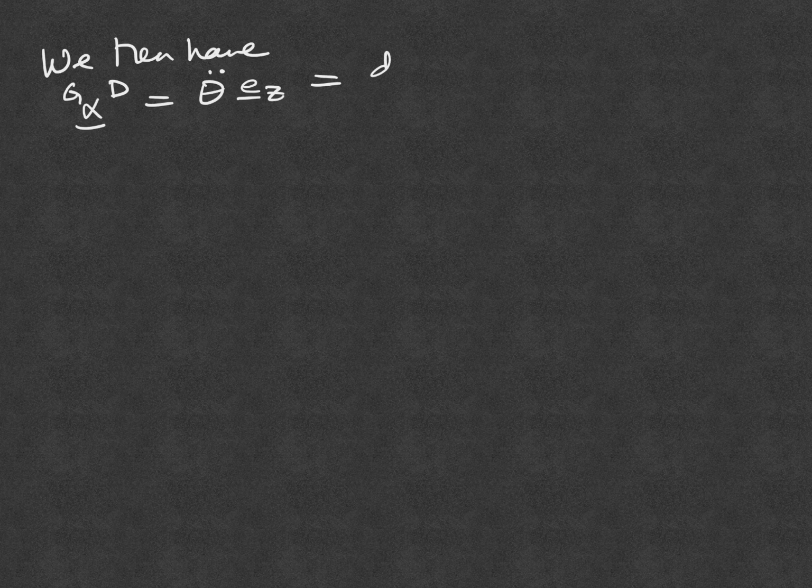So we then have that the angular acceleration of D in G is equal to theta double dot EZ, which of course is equal to the rate of change in D of the angular velocity of D in G. I'll just recall that so that we know that's what we're dealing with.